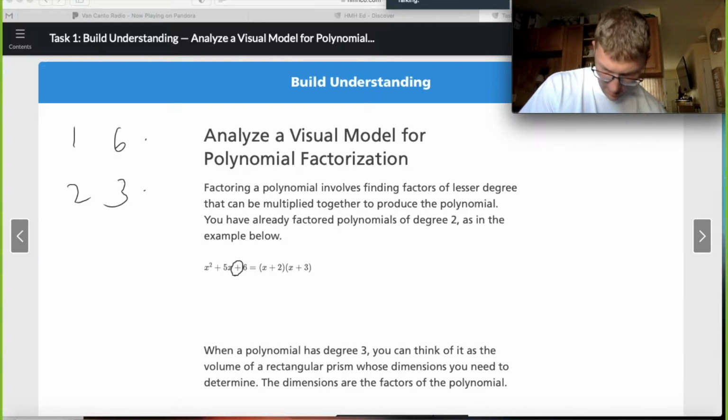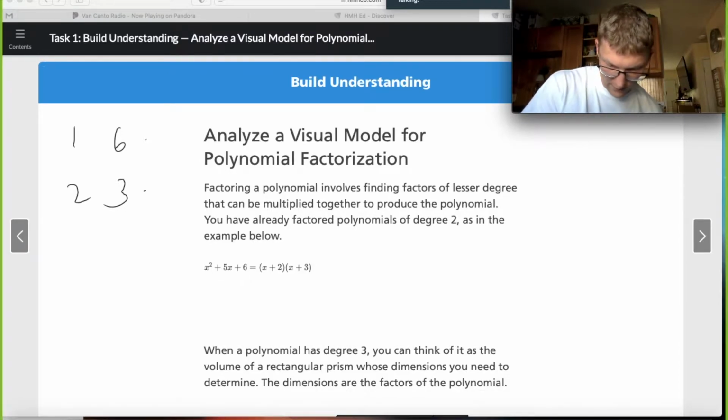If this sign is positive, that means that both numbers that we're going to add together are going to have the same sign. Then we look at this sign right here, and this is going to tell us which sign that is. This one is positive, so they're both going to have the same sign. This one is positive, so both numbers are going to be positive. So now we know that.